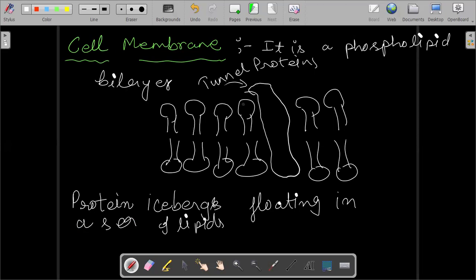So you have lipids, and here these tunnel proteins which pass through and through appear to be icebergs. Okay, and here you have these lipid molecules. I'll show you a better diagram for this structure of the cell membrane.